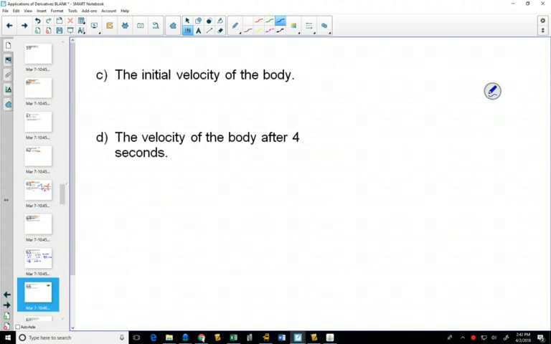The initial velocity, so any time in these kinematic questions often have things about initial velocity, that is when time is 0.